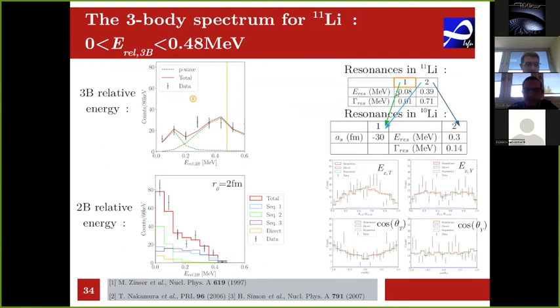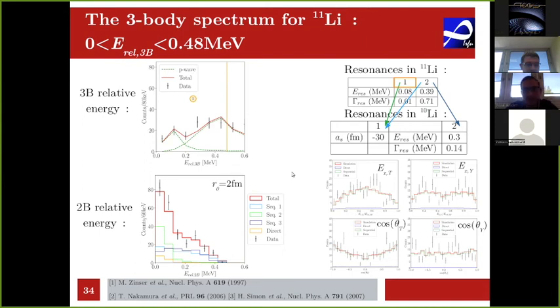And the orange square is the direct decay of this resonance state that is also in this two-body relative energy spectrum. And these contributions have then been used to fit the Jacobi coordinates that we see here are well reproduced by our fit, by our response function.